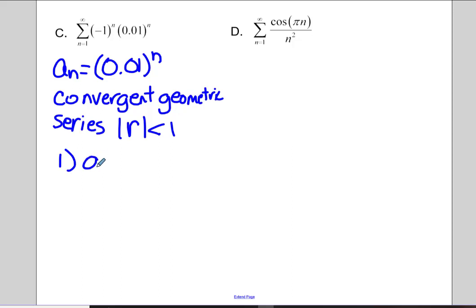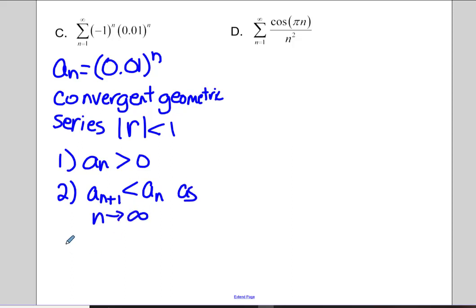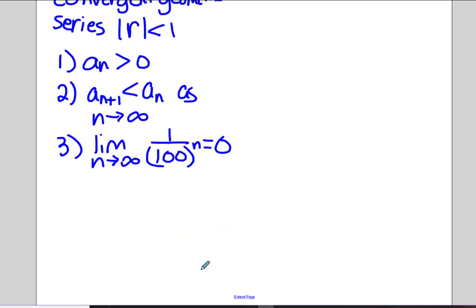We know that our a sub n is positive, and that the terms are decreasing, so a sub n plus 1 is less than a sub n. And the limit as n approaches infinity of 1 over 100 to the n power is going to go to 0.